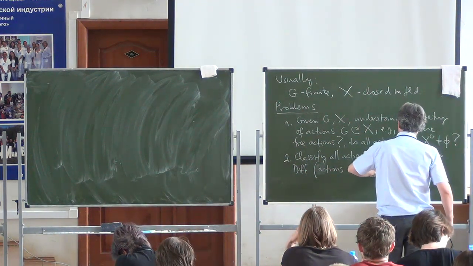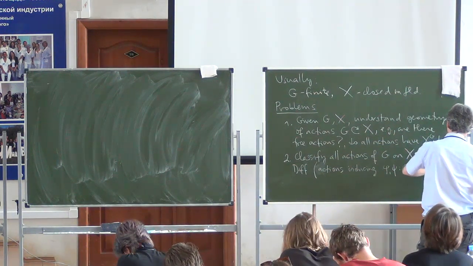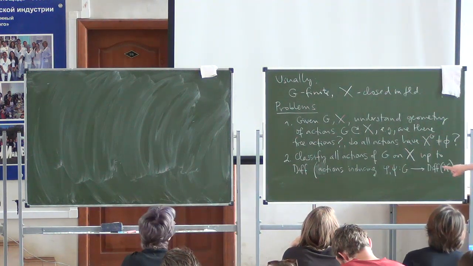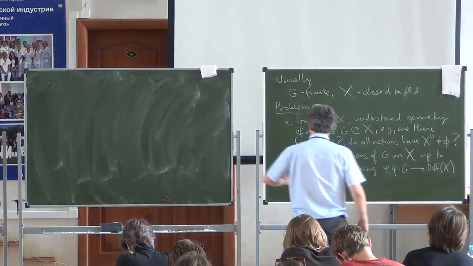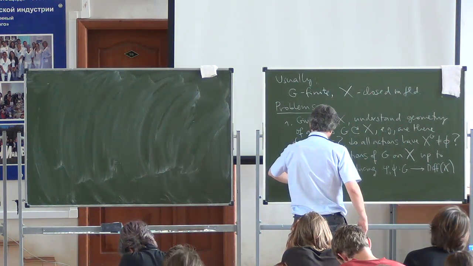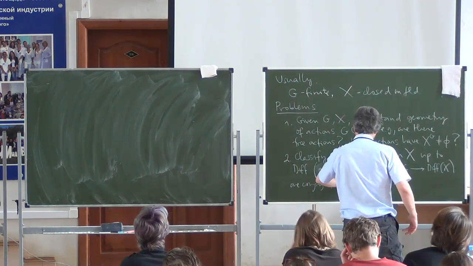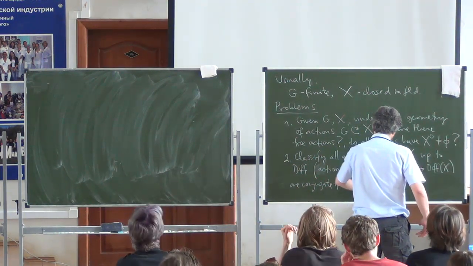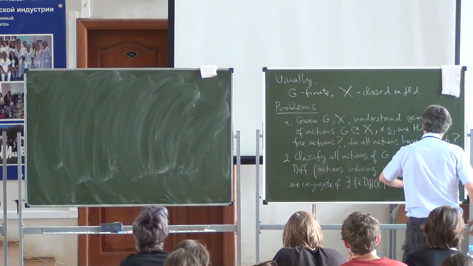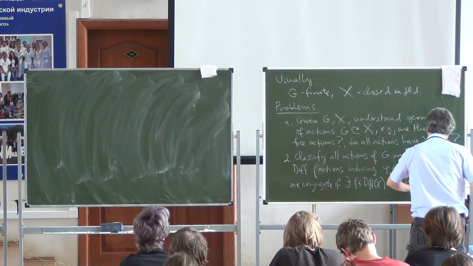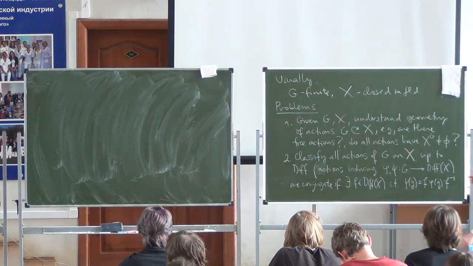If you have two actions inducing morphisms phi and psi from G to the group of diffeomorphisms, they are conjugate if there exists some diffeomorphism f such that psi of g is phi of g conjugated by f, and this for all g.